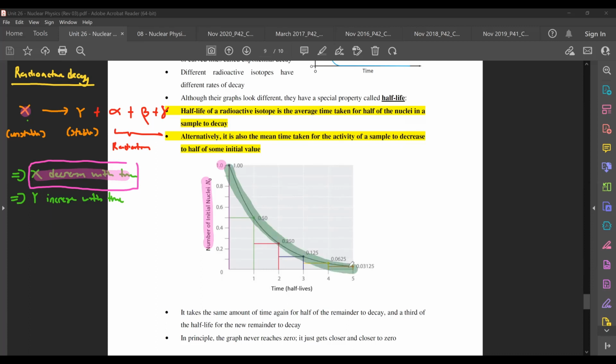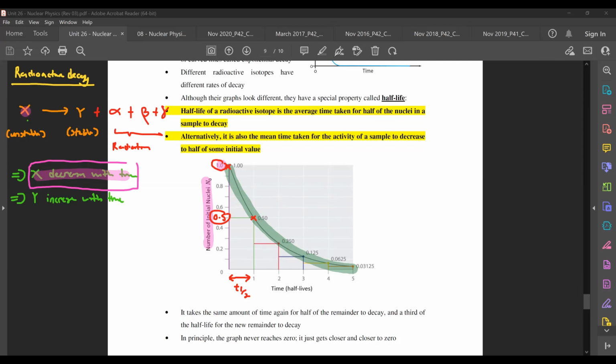So when you want to see half-life, it's something like this. If you started off with a fraction of 1, for it to decrease by half, you will go to 0.5, right? So the time that it took for you to go from 1 to 0.5, that one is your half-life here.